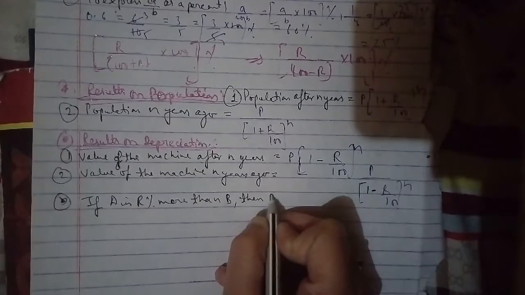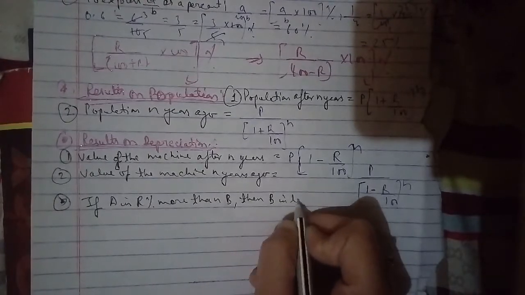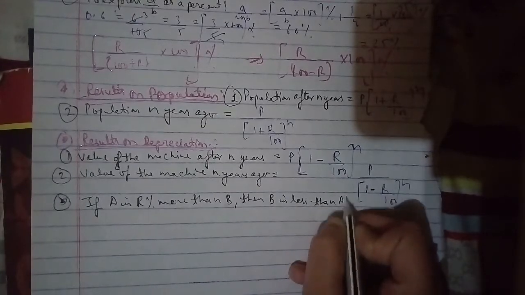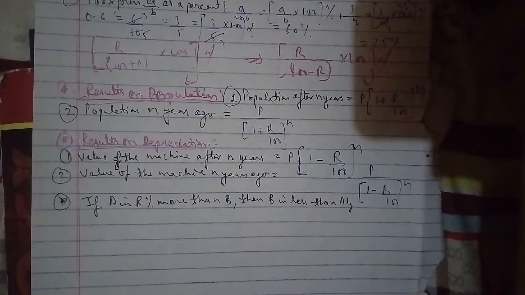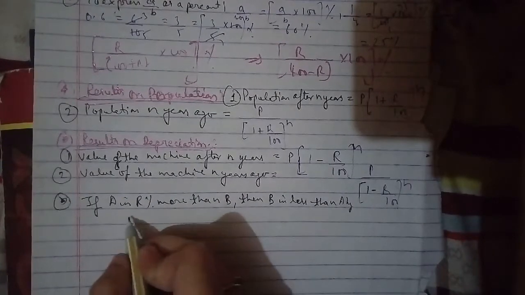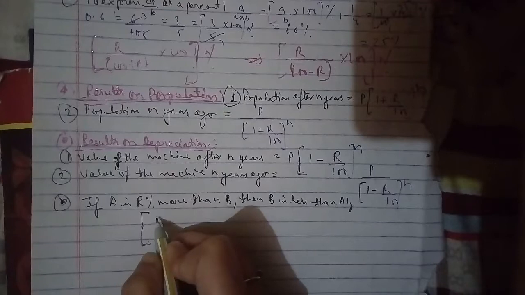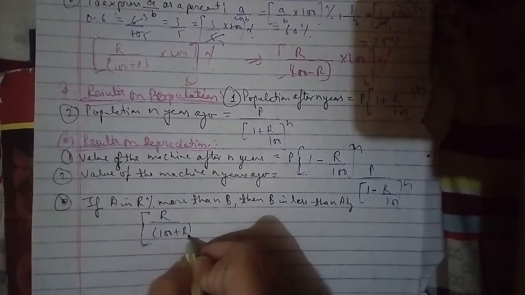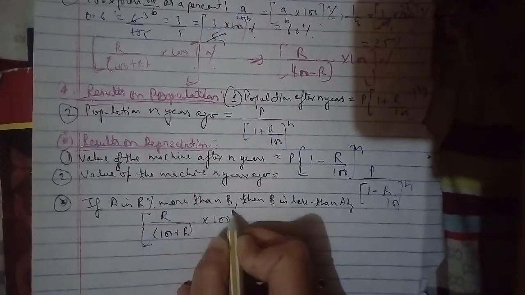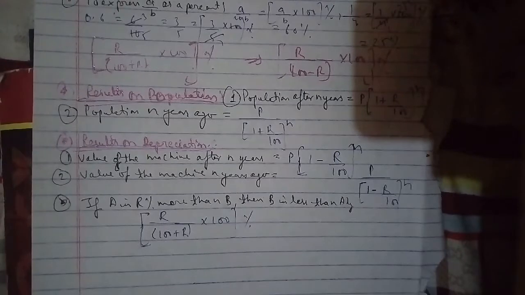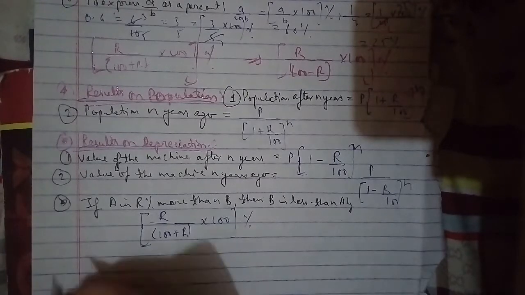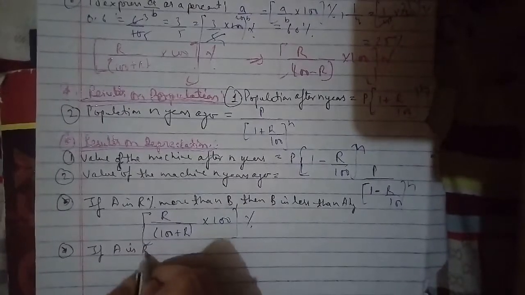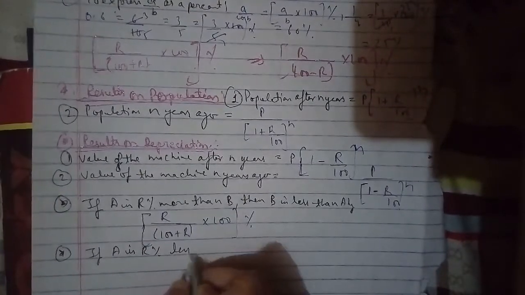And if A is R% less than B, then B is more than A by R upon (100 - R) into 100%, that we have as an answer.